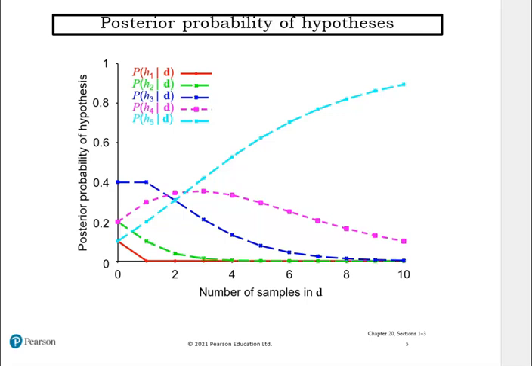So if we have a large data set, then we can just take the hypothesis with the maximum likelihood and make predictions based on this hypothesis. But if we have a small data set, that becomes a problem.